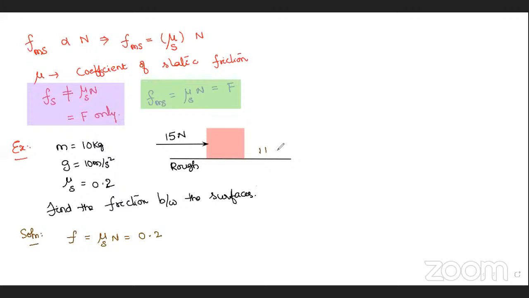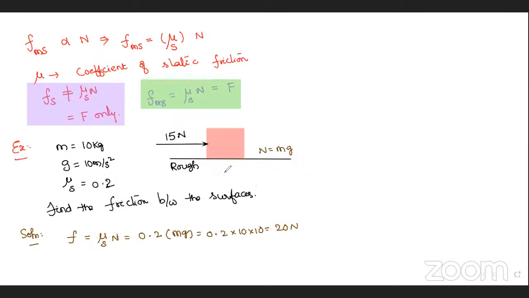So I think no need to draw those two. N is equal to mg on the horizontal surface. So in place of N, I substitute mg here. You will get 0.2 into m, that is equal to 20. One possible.